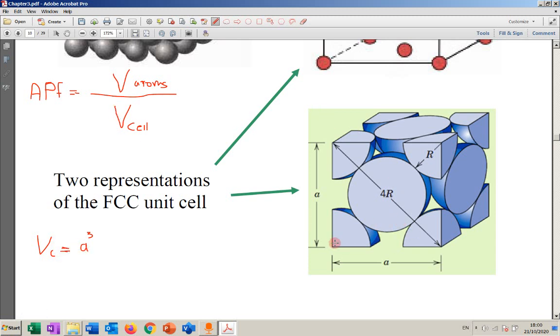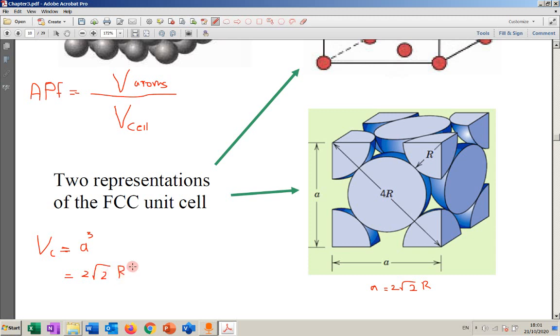Here, A. You remember we calculated A to be equal to 2 root 2 R. Yes? 2 root 2 R. So when you cube it, we have root 2. I'm going to write it in this manner because the number will be long.